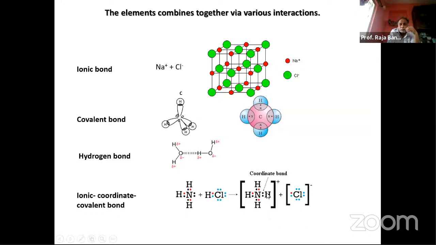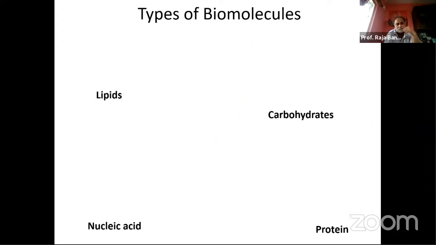The NH4 plus is formed by NH3 coordinating to H plus through dative bonding. And in NH3 there is covalent bonding. So whether it is a small molecule or a macromolecule, it doesn't matter. The interaction is always these three types.